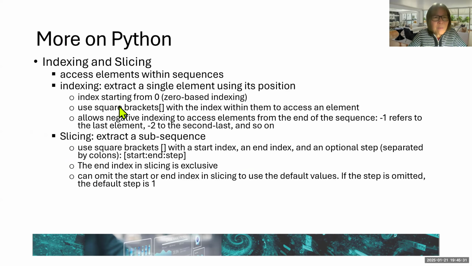So next, this is also very important information: indexing, and be careful. Indexing is accessing elements within a sequence. List, tuple, we learned that, but it's not true for dictionary. You access a dictionary using a key.